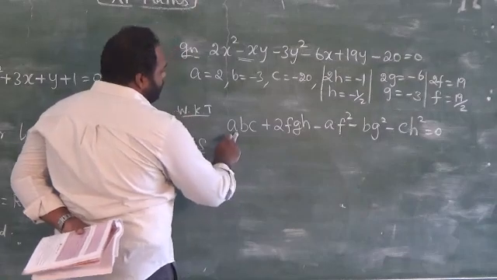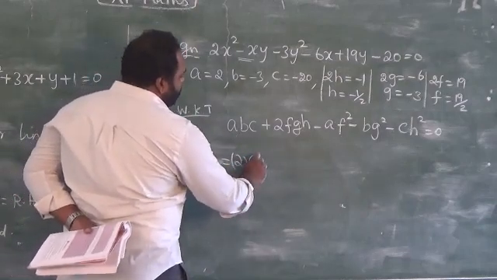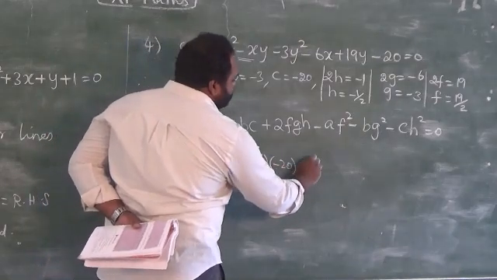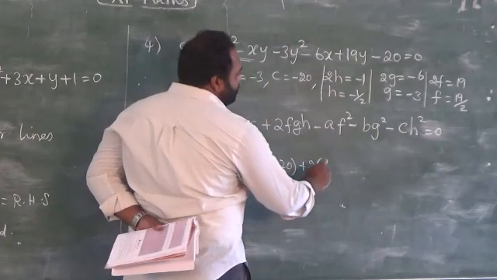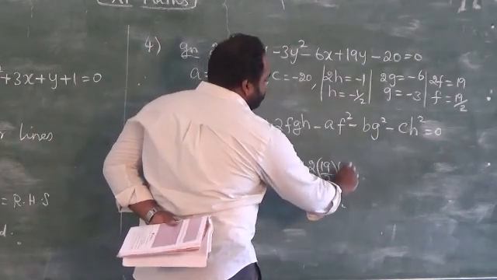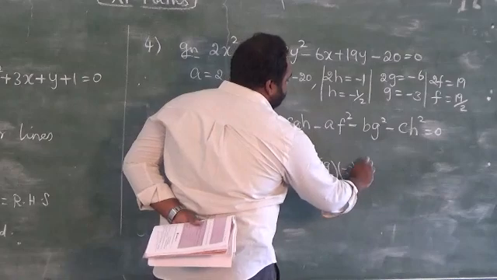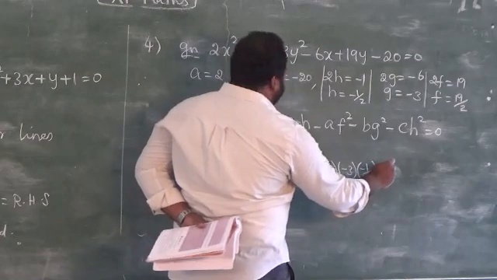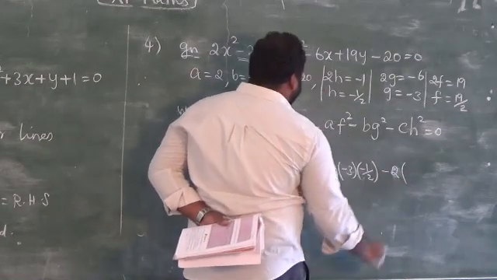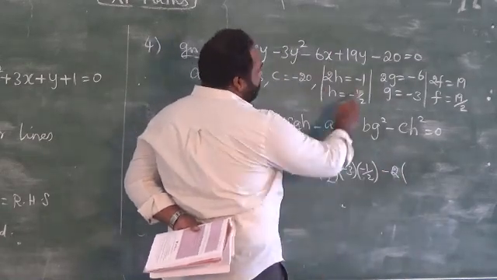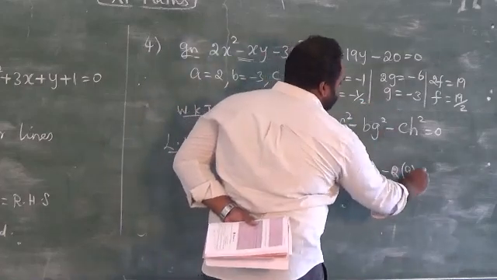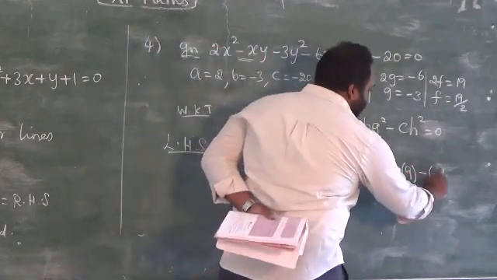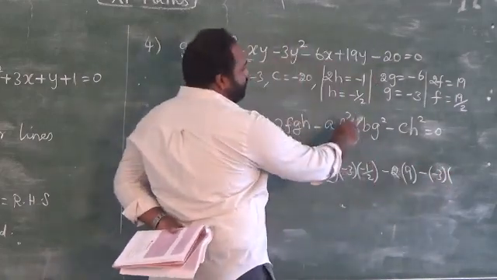What is ABC? A is 2 into B 3 into minus 20, plus 2 into F is 19 by 2 into G is minus 3, H is 1 by 2, minus A into F square.